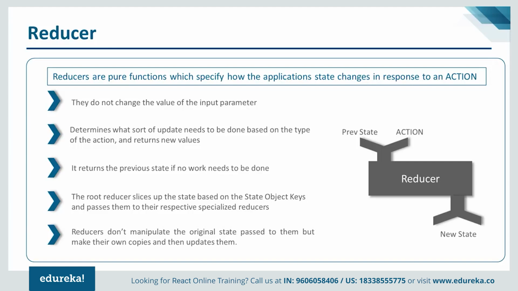First of all, this is a very important point to understand about pure functions, because there are two types of functions. One is pure function, another is impure function. If the function is changing the value of the input data, those are called impure functions. But with Redux, and specifically with reducer functions, this cannot happen. They cannot change and they do not change the value of the input parameter. That's why they are called pure functions.